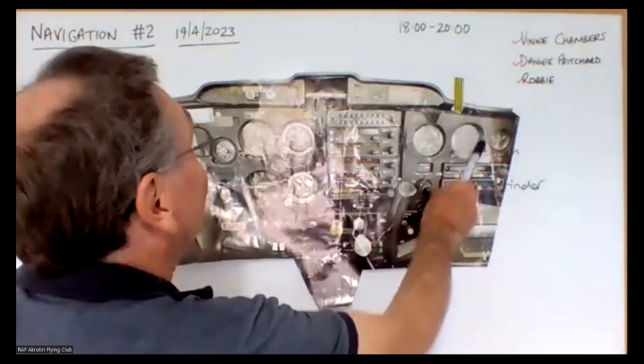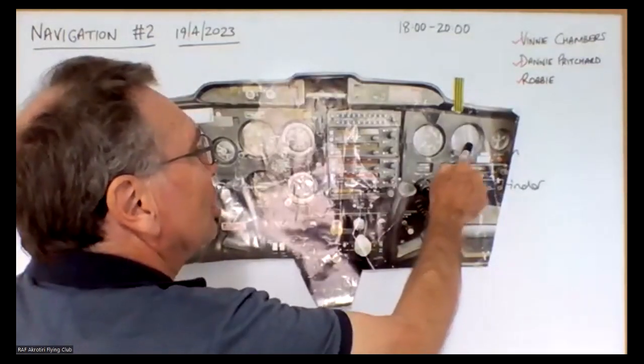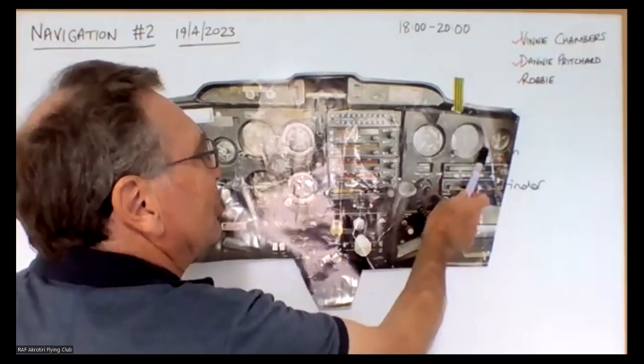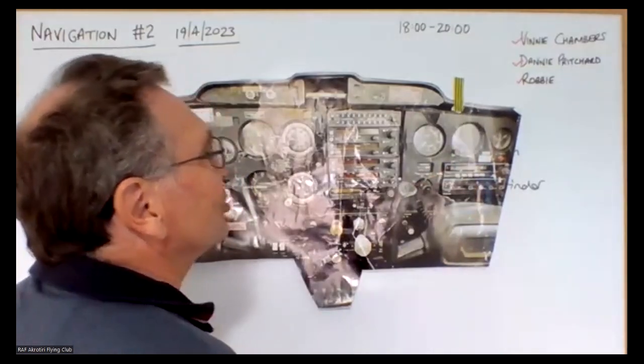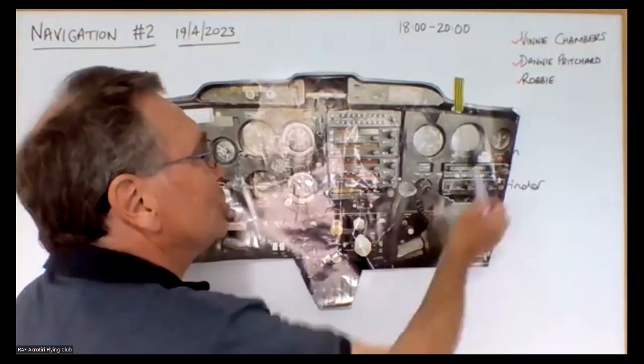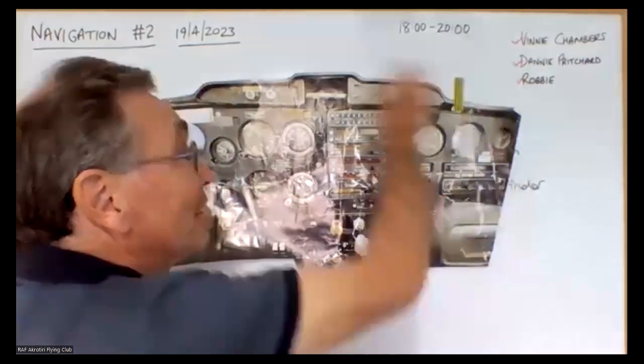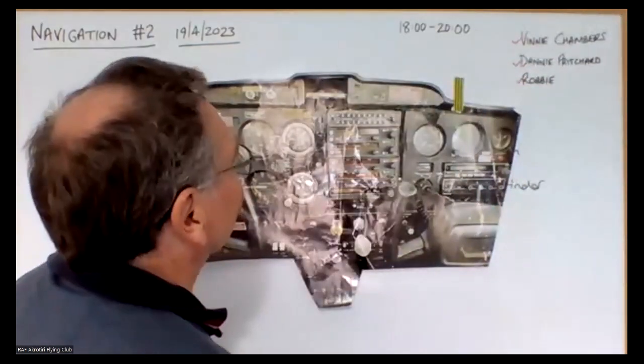And this is the ADF in the aircraft. So you can see it's just a circular instrument, and it just has a yellow needle that points to the beacon.